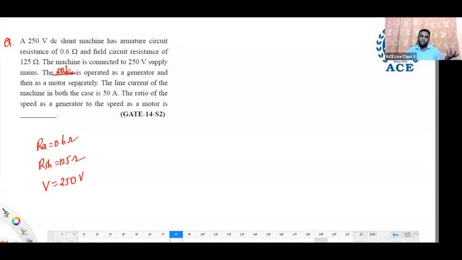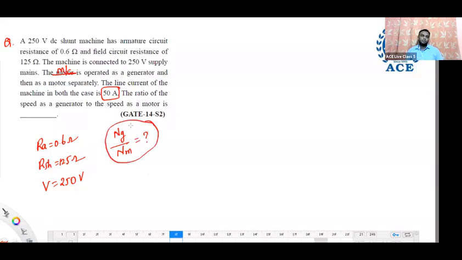The same machine you can operate as a generator and also as a motor. The line current in both cases is 50 amperes. Now you have to find the ratio of speed as generator to the speed as motor. This ratio you need to calculate.